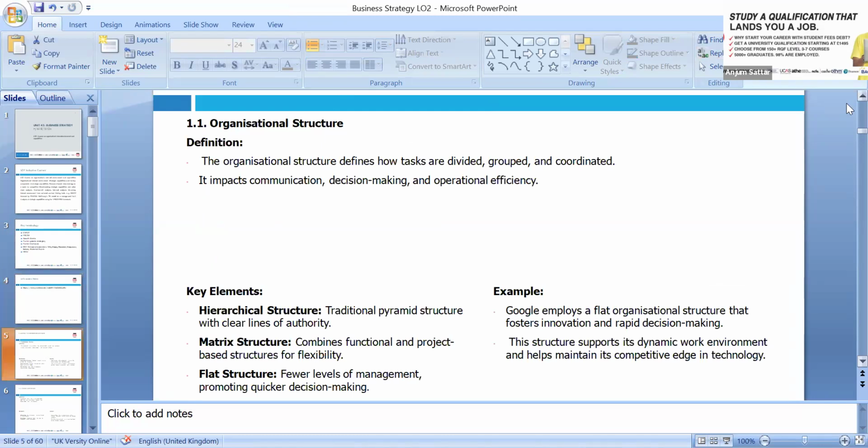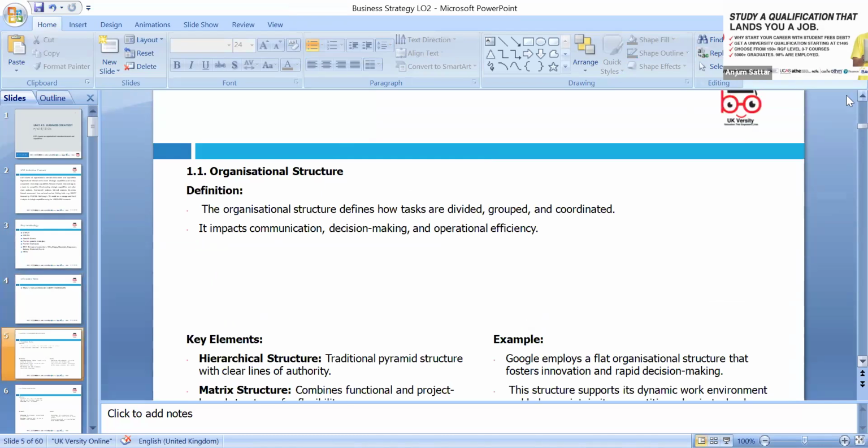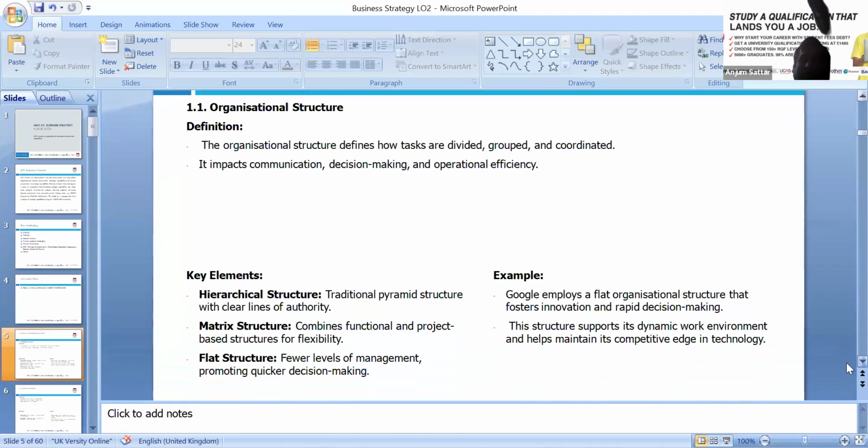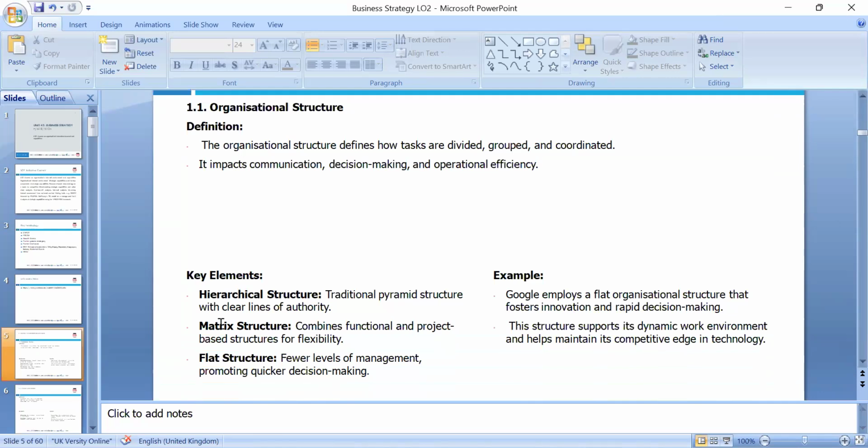First, we look at the organization structure. Different types of organization structure are crucial for understanding clear roles and responsibilities. A hierarchical structure is traditionally a pyramid with a clear line of authority and command, like who is the boss. A matrix organization structure is normally used in a project organization where projects start and finish, such as a construction company with many contracts.